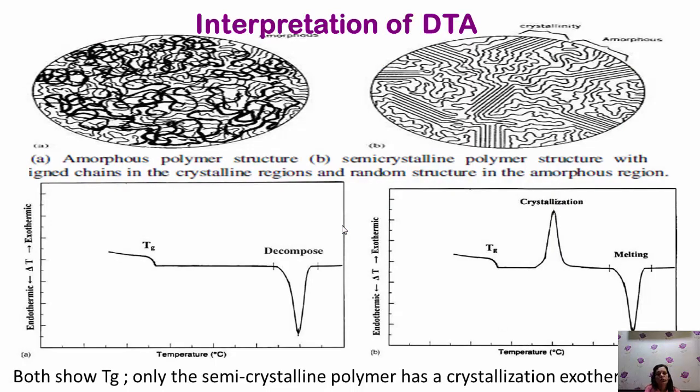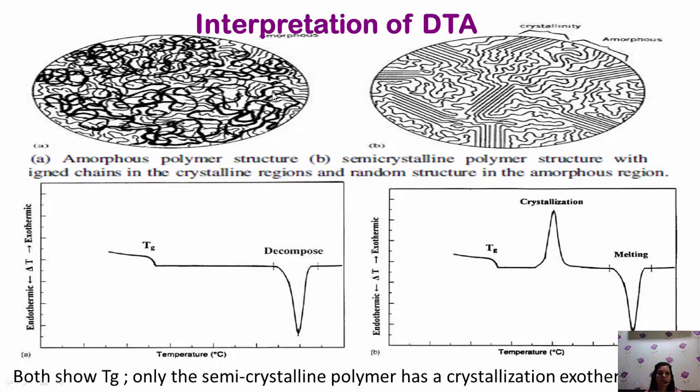Interpretation of DTA of some polymers. Here I have tried to show you one structure where the polymeric structure is amorphous and another one is semi-crystalline. You can see over here crystallinity has been defined by straight lines, whereas the amorphous structure is shown as waving lines. These are the two polymers under study.